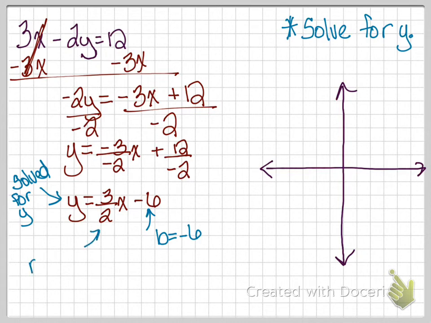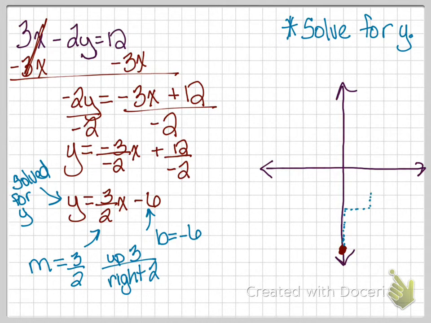This is my slope. My slope is 3 over 2. That means I go up 3. What does the 2 mean? Good, and then I'm going to go right twice. Where do I start? Negative 6, good. Here's negative 6 right here. I am going to go up 3 and to the right 2.